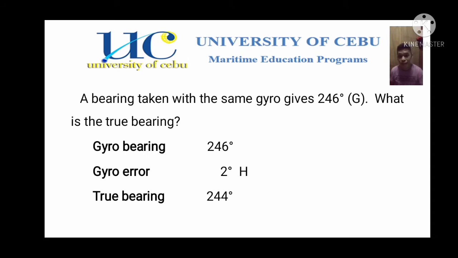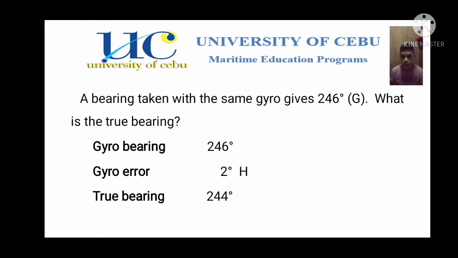So what I have said is that for a high error, you subtract it when what is presented is the gyro course and you are looking for the true course. So the high error must be subtracted to get the true course. But if what is presented in the problem is the true course and you are looking for the gyro course, we add to get the gyro course. So vice versa.